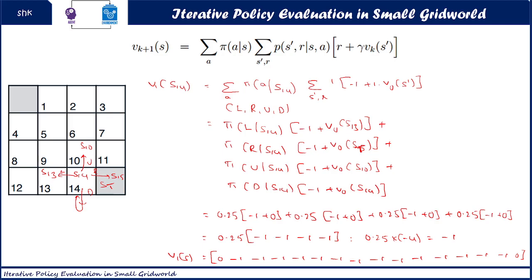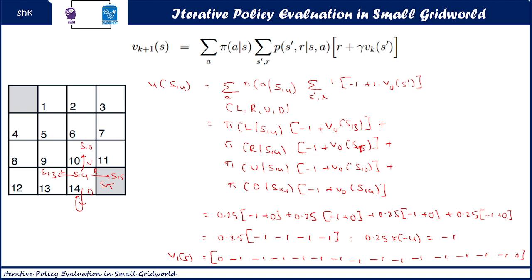Now this is one iteration we have done. Like this we have to iterate the state transitions for all the states until the value function does not alter from one iteration to another, because there we are going to get the optimal value function.